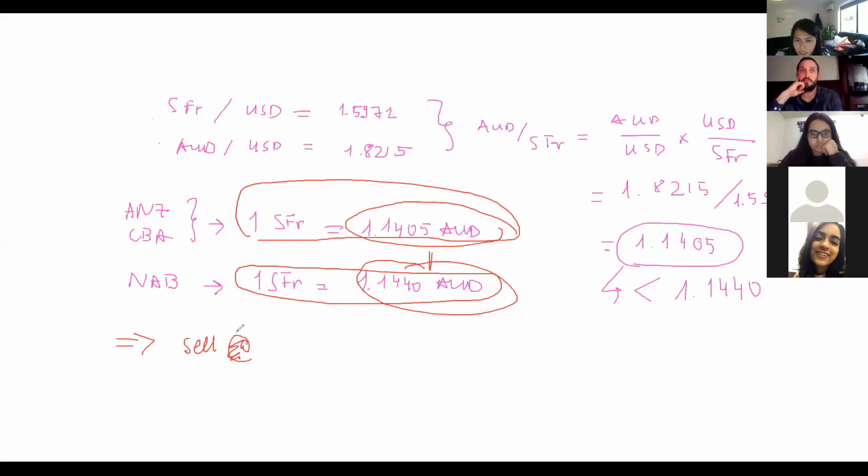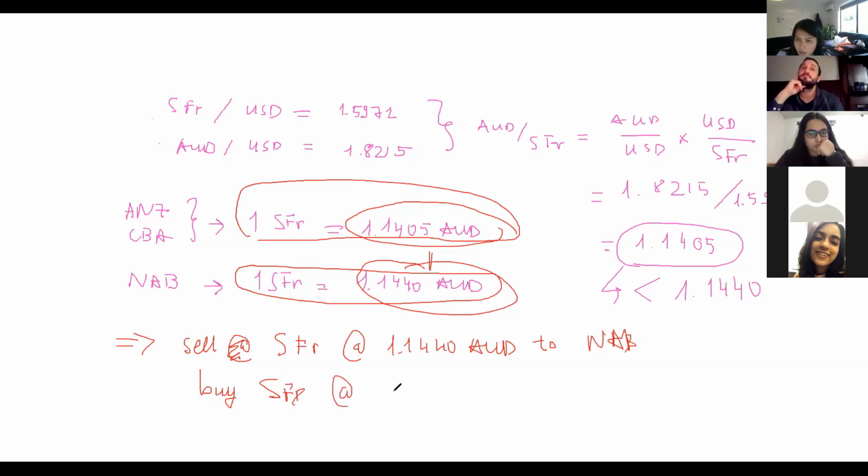So I want to be selling the franc at 1.1440 Australian dollars to NAB, and buying the franc at 1.1405 Australian dollars indirectly.